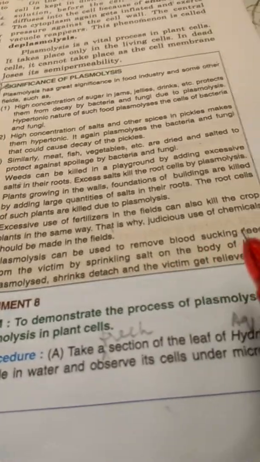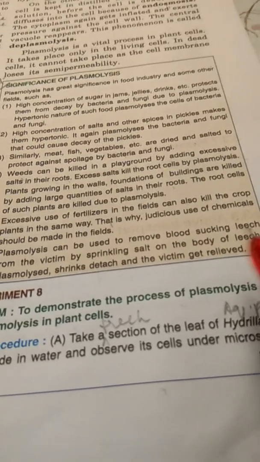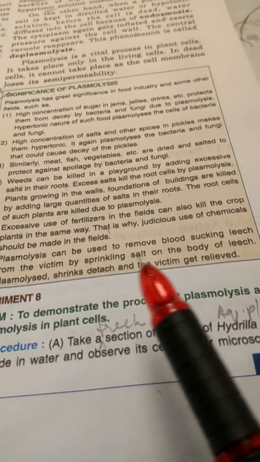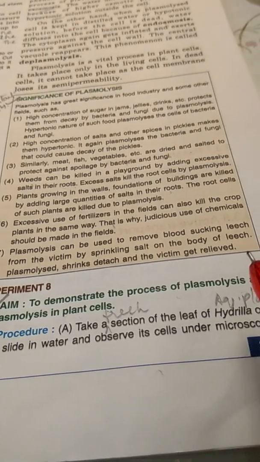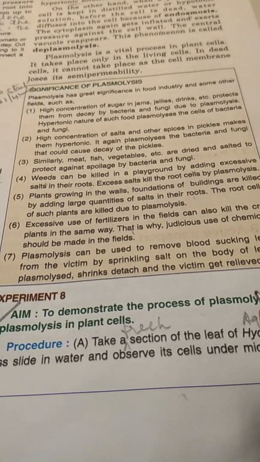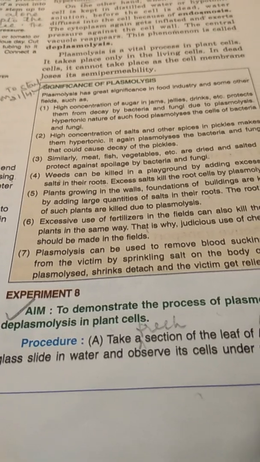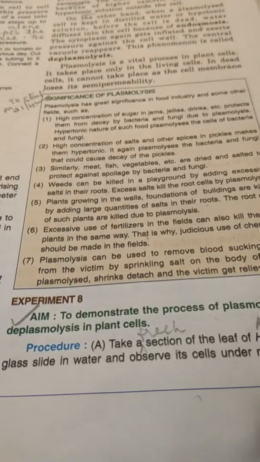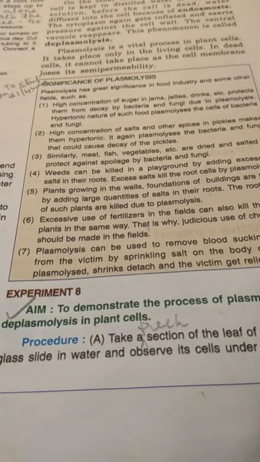Plasmolysis can be used to remove a blood-sucking leech, a parasitic animal, from the victim by sprinkling salt on the body of the leech. When the salt is put on the leech, the water from the body cells of the leech will come out due to plasmolysis, and their body cells get plasmolyzed.